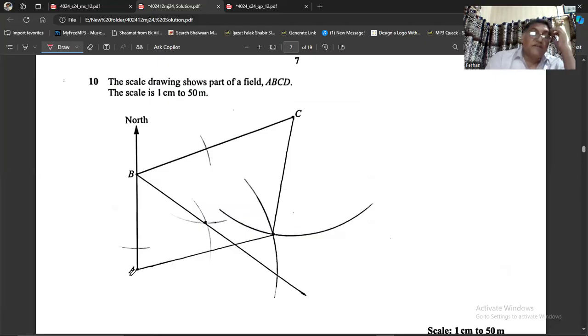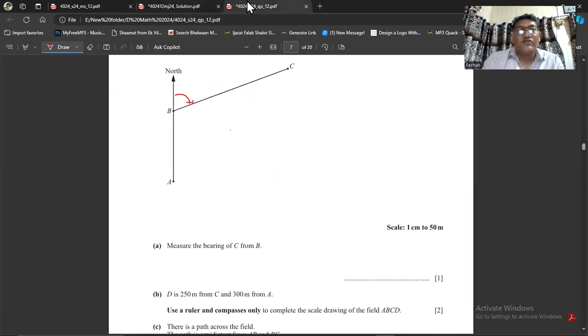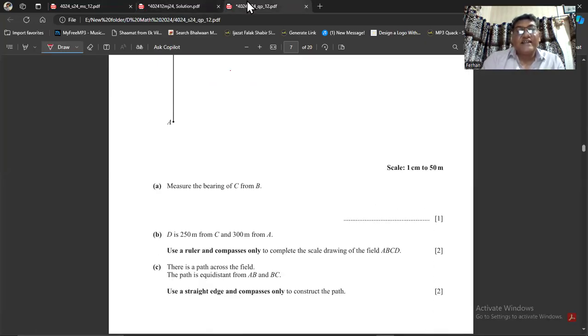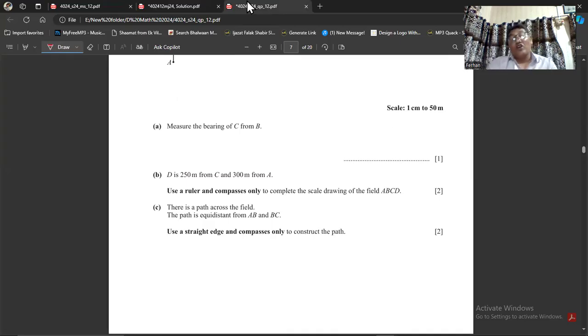Then I will open my compass 6 centimeters, and I will take A as the center, and I will draw this arc which is of 6 centimeter radius. Where these two arcs intersect each other, that is the point D. So this is how you will complete this quadrilateral. I hope you understand.